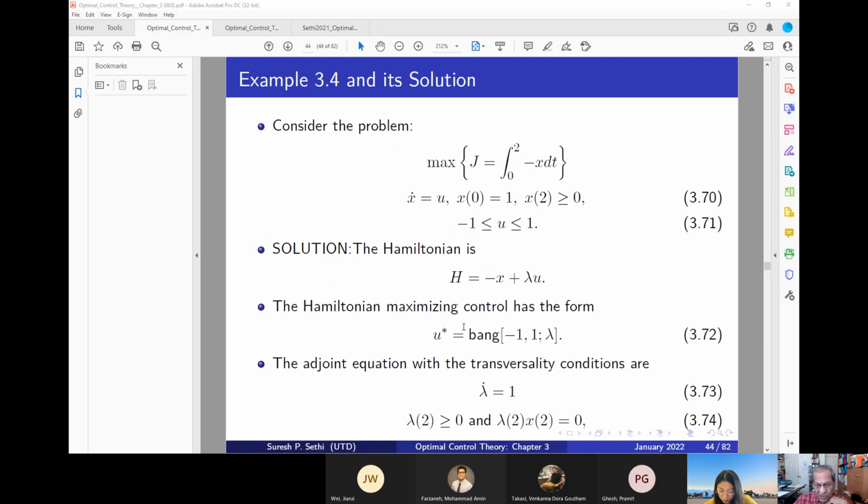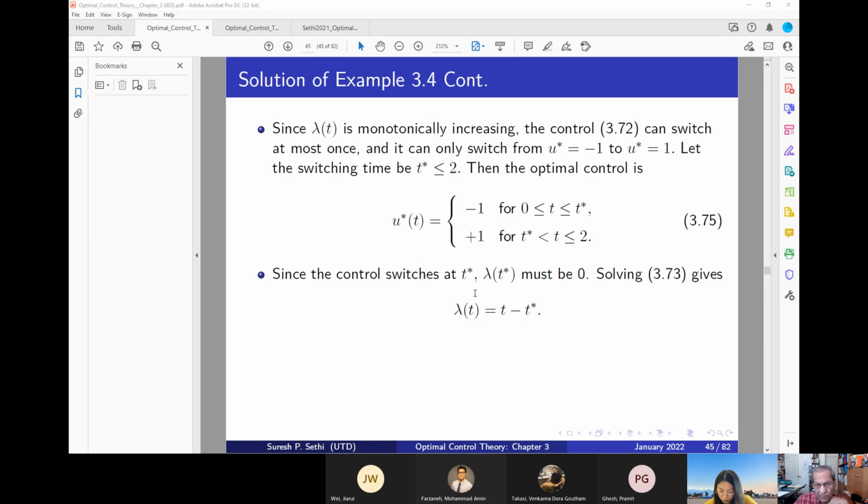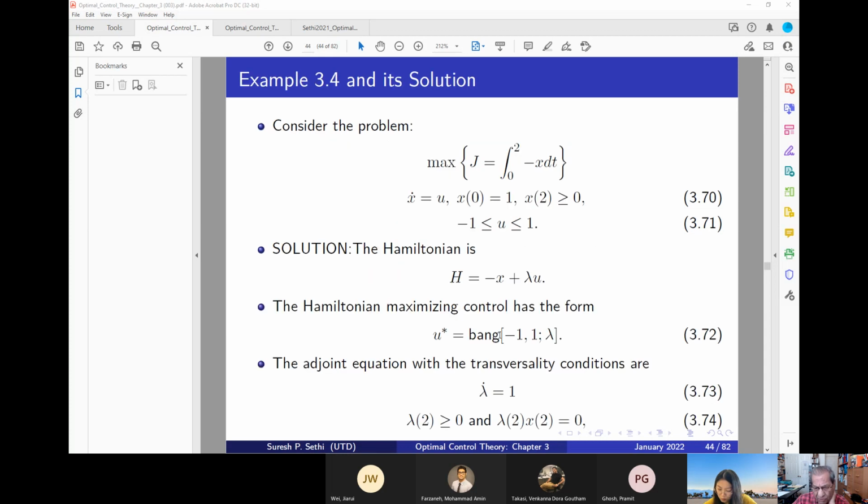So now how do we solve this problem? We know that lambda is going to be monotonically increasing because of this lambda dot. If it's monotonically increasing, then by bang solution, it means that the control can go only from -1 to +1 if it switches. That means three possibilities now.